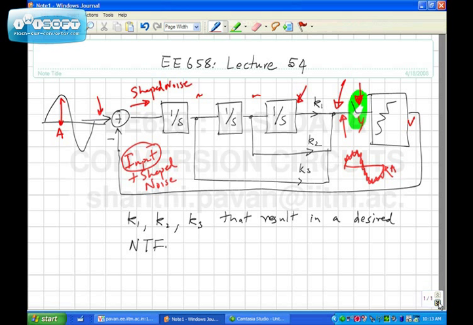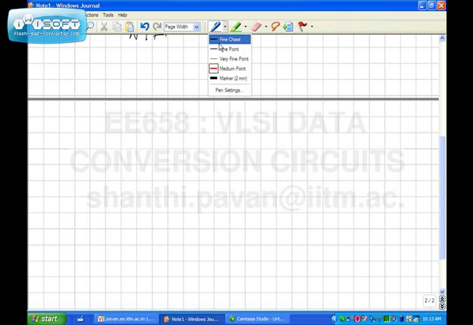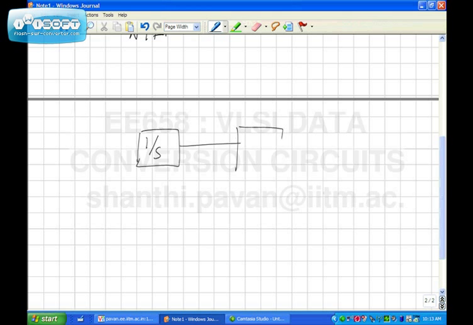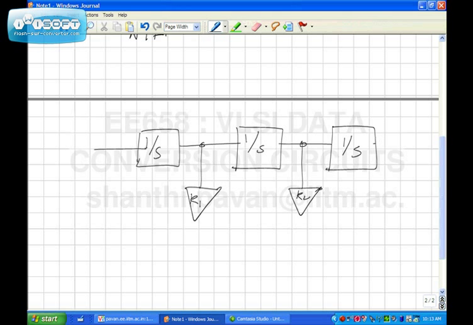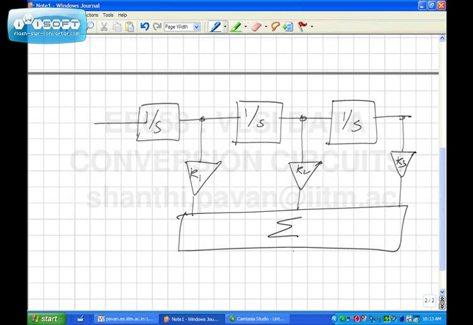Is the diagram too confusing? See, let me redraw the cascade of integrators in this fashion. Perhaps that will help you. What is this?